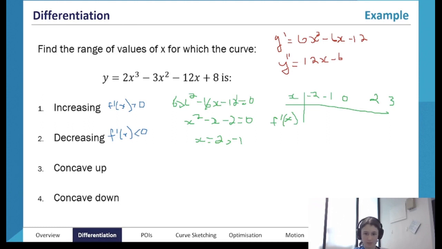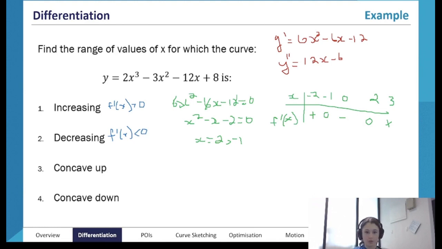Our derivative in this section here is going to be positive. It's going to be 0 here, negative in here, 0 again at 2, and then positive again at 3.